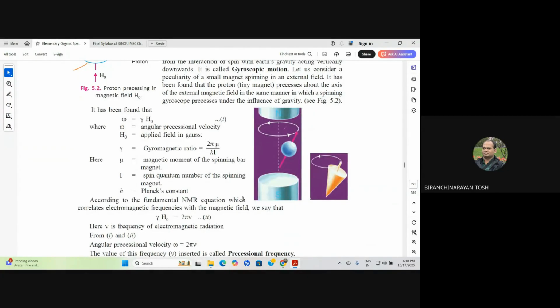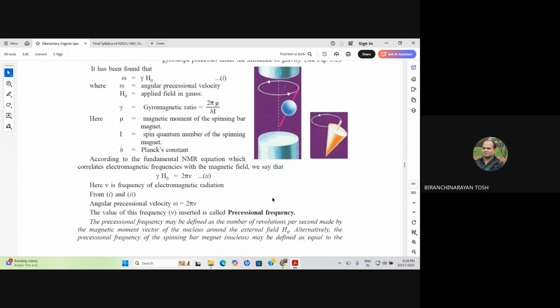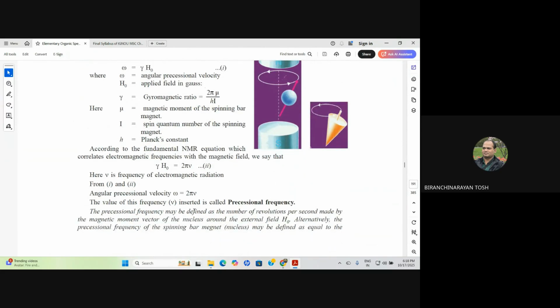According to the fundamental NMR equation, gamma H naught is equal to 2 pi nu, where nu is the frequency of electromagnetic radiation. So the angular precessional velocity omega equals 2 pi nu, because gamma H naught equals omega. This value of frequency is called the precessional frequency.